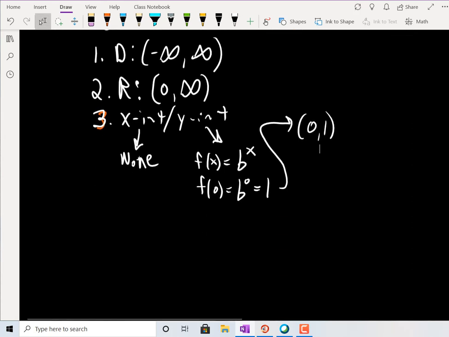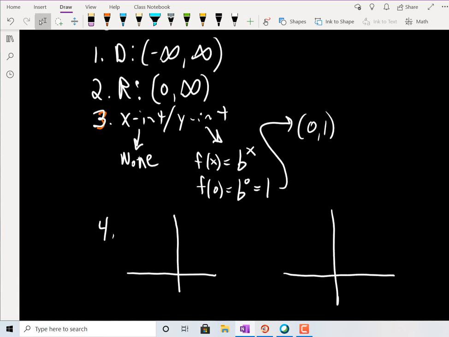Okay. What else? The basic shape. Just like with parabolas, there are 2 versions. There's what I would call exponential growth, which looks like this, and then exponential decay, which looks like this.